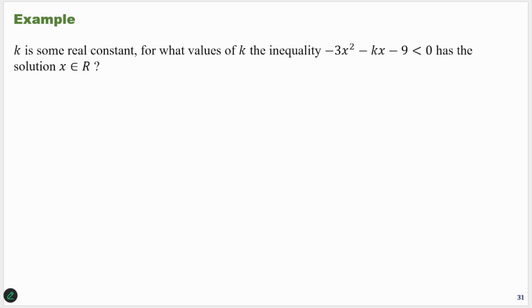Is k equal to 3? Okay, can you show your work on the screen? How do you get that number?